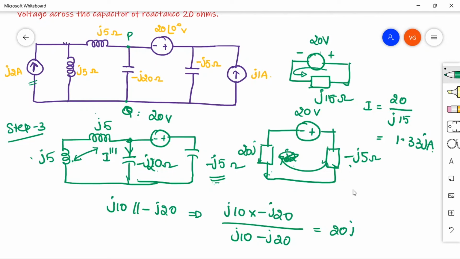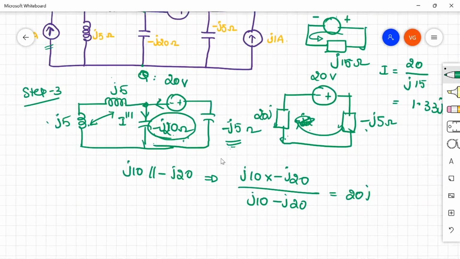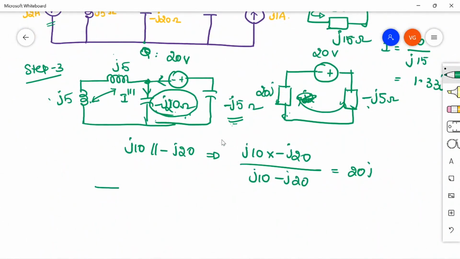So now the current coming from the 20 volts is J 1.33. Out of this current, how much current is flowing in minus J20 we have to find out.